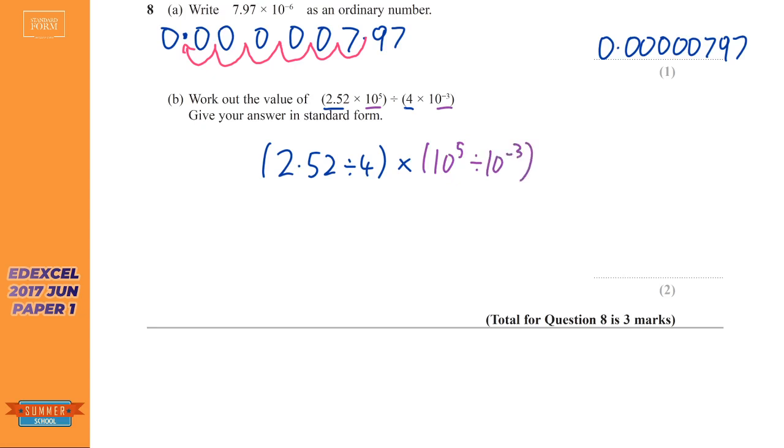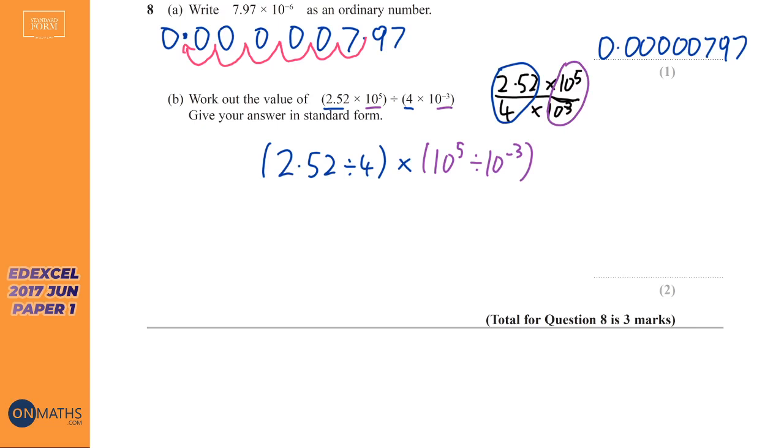Okay, and the reason for that is that all we've got here is a fraction. And so what we're going to be doing is this bit and this bit separately, and then we just times them together.